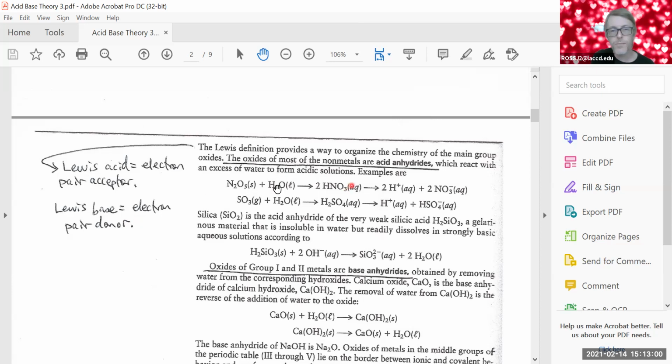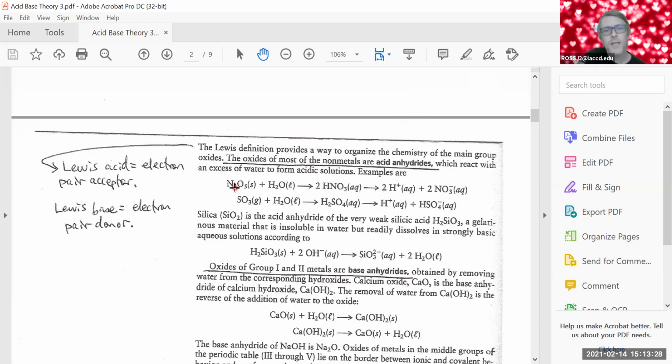Here we're going to look at different oxides, both metal oxides and non-metal oxides. So first of all, if we look at the oxides of most nonmetals, we can see that these are actually classified as acid anhydrides. So that essentially means they're acidic when mixed with water.